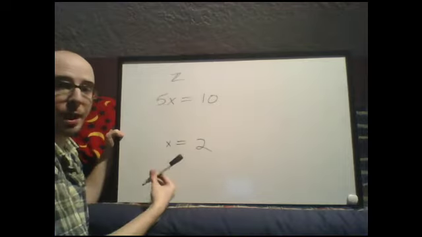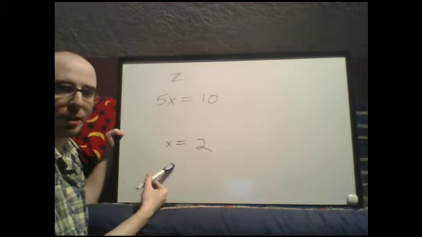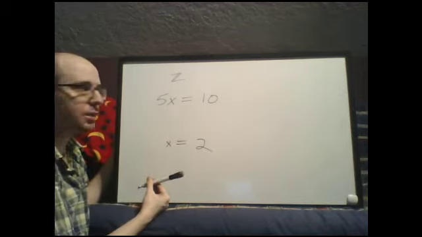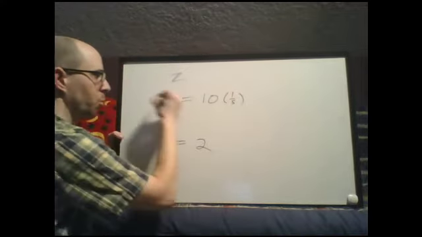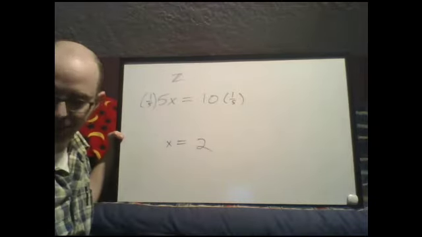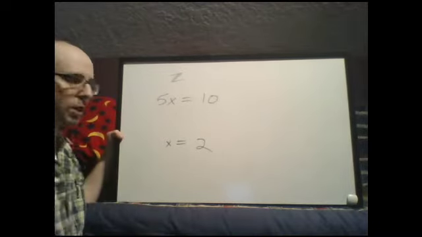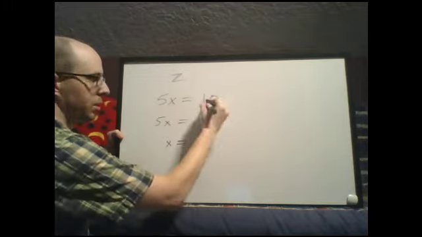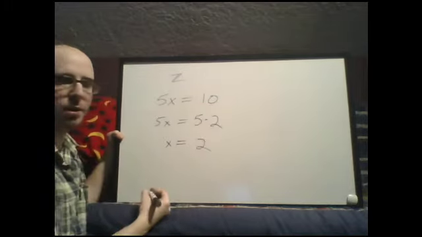And the reason I'm allowed to do that, I mean, it's like I'm dividing both sides by 5, but in the integers, I don't have multiplicative inverses. So it's not really fair to say I'm going to multiply both sides of this equation by 1/5. Because I'm working in the integers, 1/5 doesn't exist. So what I'm actually doing here is I'm saying it happens to be true that 10 equals 5 times 2.